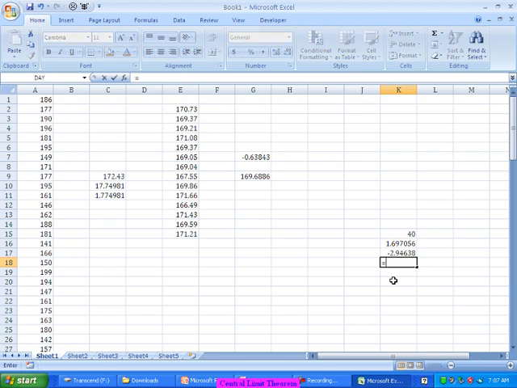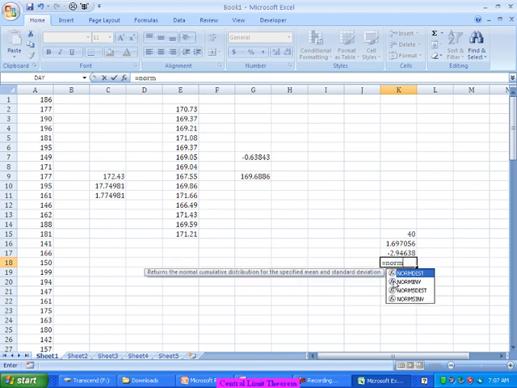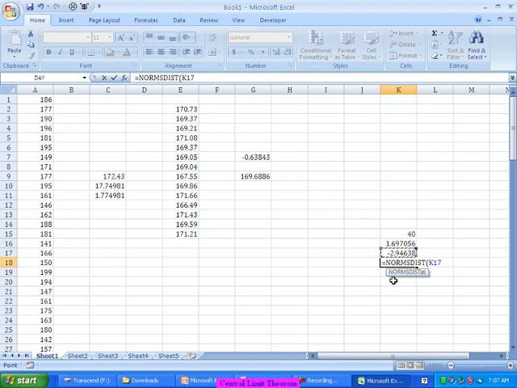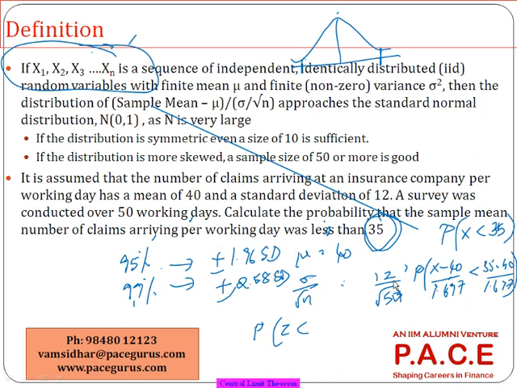When I look in the tables, z less than minus 2.94 comes out to 0.001, which is about 0.16%. So there is a 0.16% chance that the average number of claims per working day will be less than 35. The probability is only 0.16%.